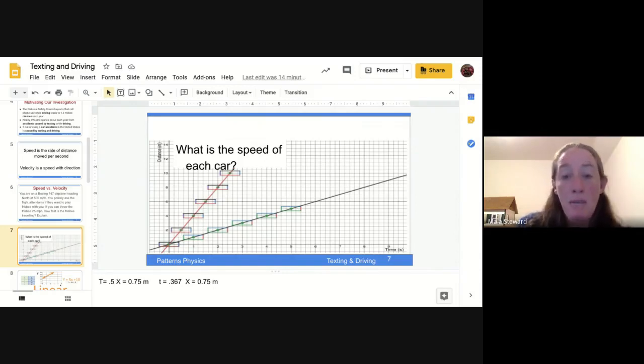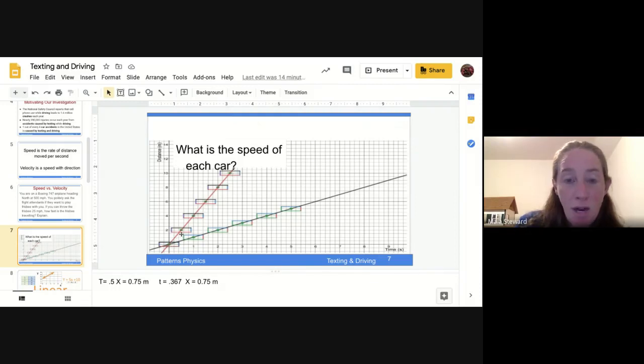Now, the same car over here goes 2 meters in 2 seconds. So I divide my distance divided by my time, and this car is traveling at 1 meter per second. So 4 meters per second versus 1 meter per second, this car is going faster.